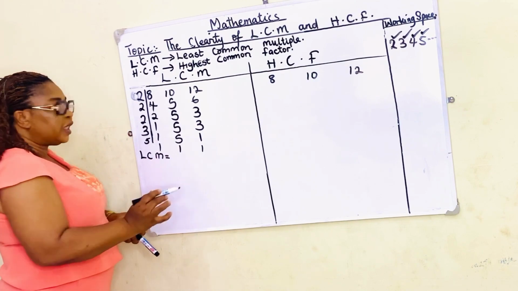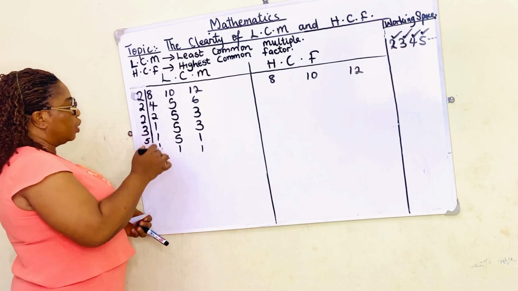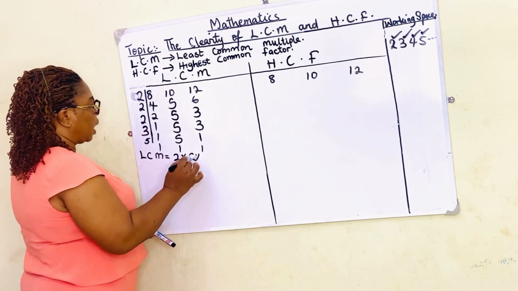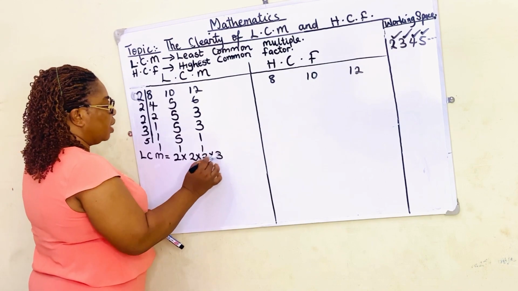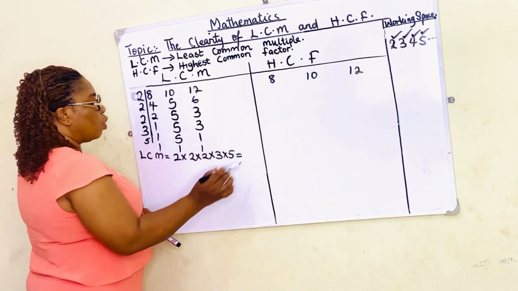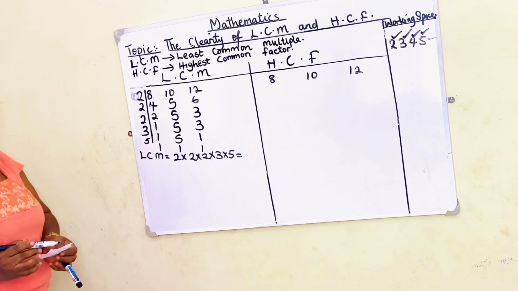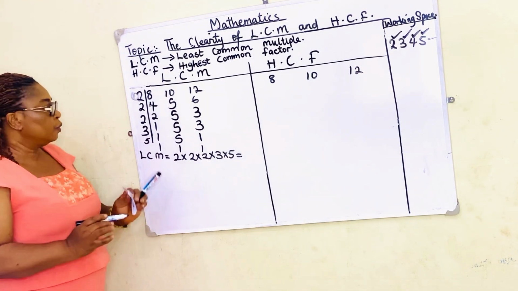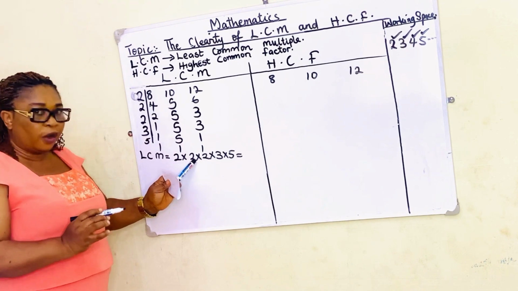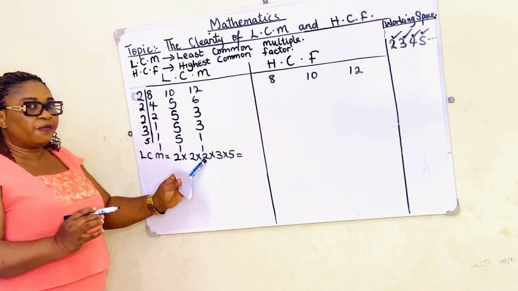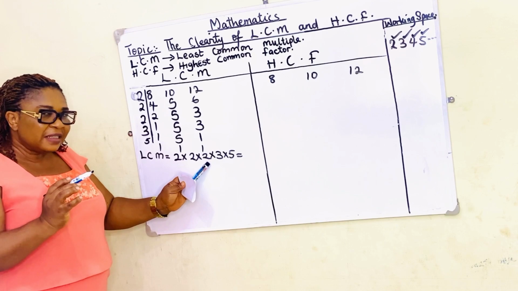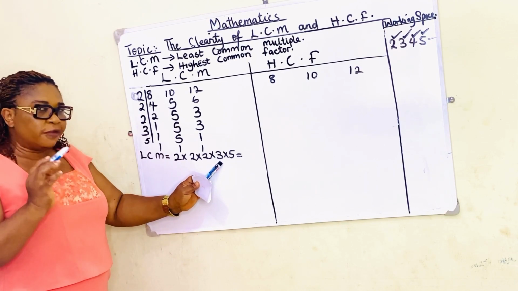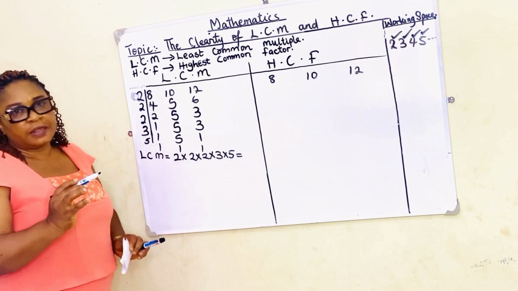So we find the LCM, which is multiplying all the numbers we have used to divide. 2 times 2 times 2 times 3 times 5. Okay, watch me now. Remember, don't open your multiplication table. 2 times 2 will give us 4. 4 times 2 will give us 8. 8 times 3 will give us 24. 24 times 5.